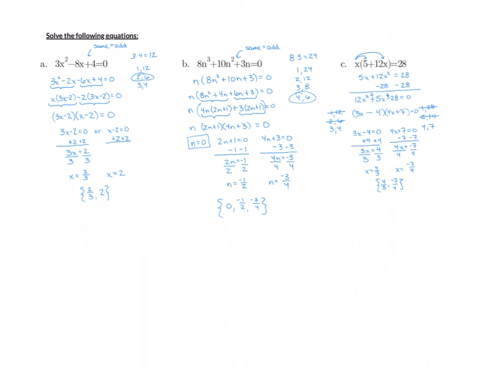And one of the other drawbacks to this method is, for instance, on example C, 12 times 28, trying to multiply that and then trying to find all the factors of that can be a bit of a challenge. So AC method works really well when you are dealing with numbers like 12 and 24, but when you get into the harder factorings, then it may not be the best method to use.